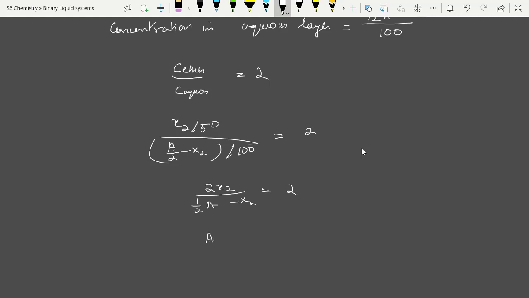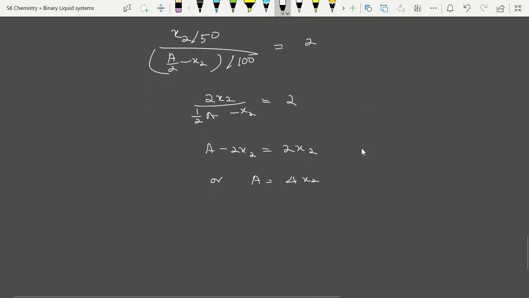or A minus 2x2 is equal to 2x2, or A is equal to 4x2. Therefore, x2 is equal to A by 4. So in second extract, 25% has been extracted.